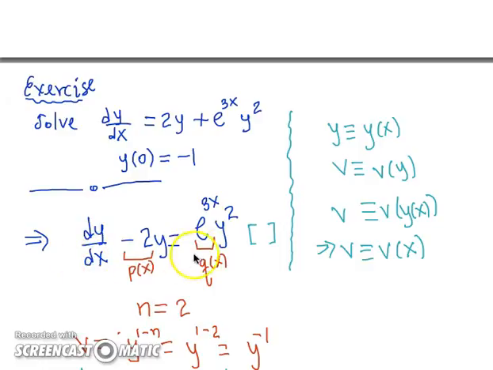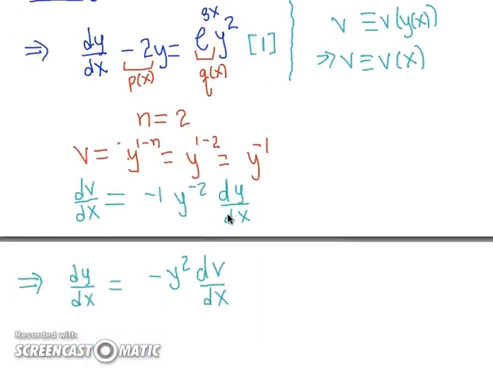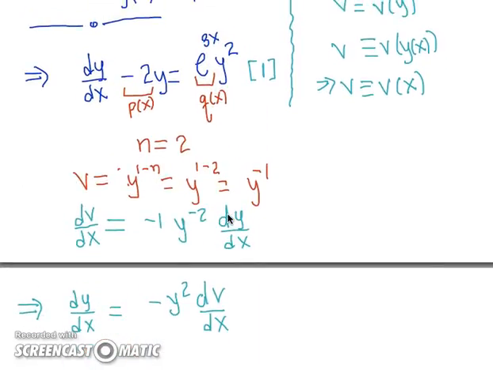So let me give a name to this equation, okay? Let's say that this equation is going to be called equation 1 in our calculations here. This expression that we found for dy dx in terms of the new variable for the substitution, we're going to call expression number 2 here in square brackets.